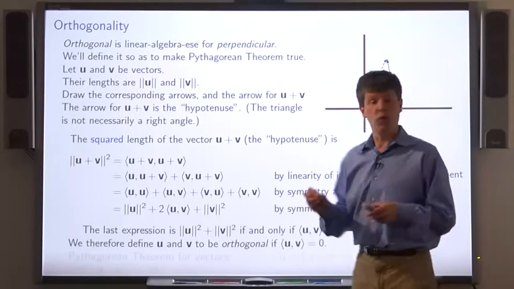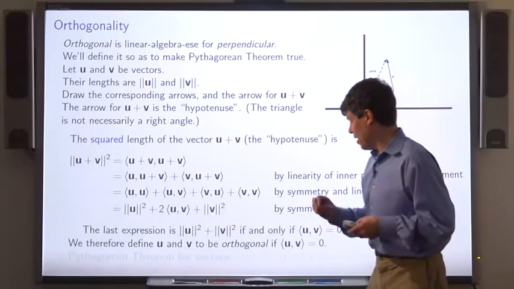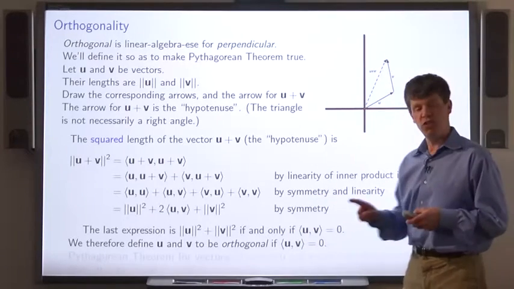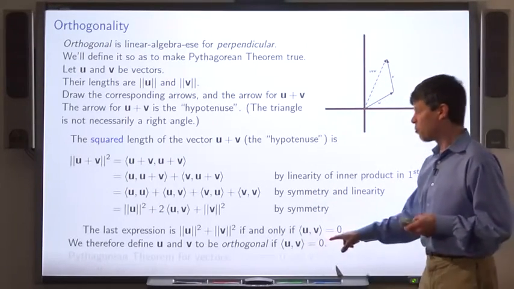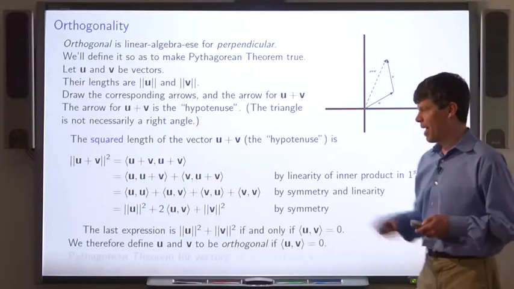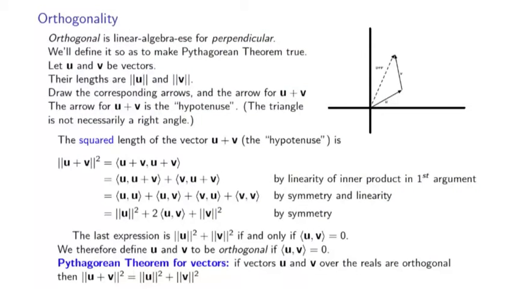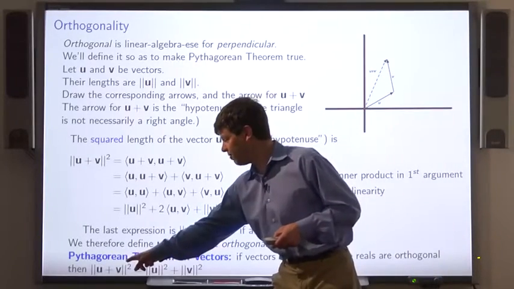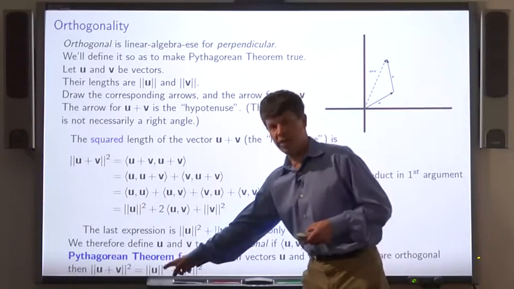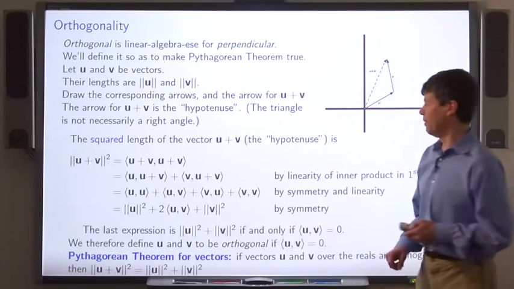So we'll define orthogonality in this way. We define the two vectors to be orthogonal if the inner product equals 0. And then we automatically get the Pythagorean theorem for vectors. If vectors u and v are orthogonal, then the norm squared of u plus v equals the norm squared of u plus the norm squared of v.